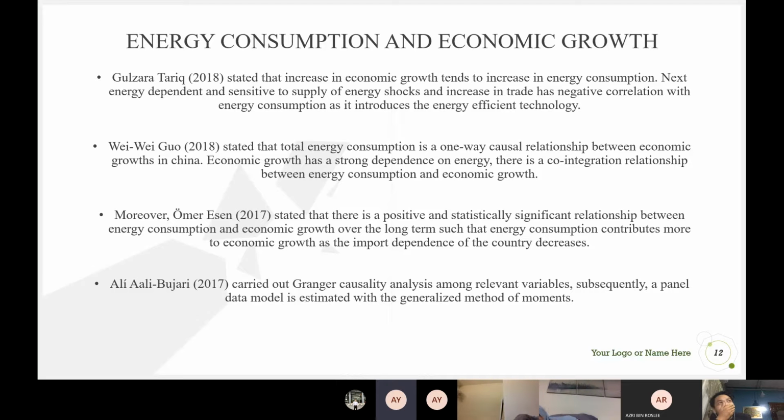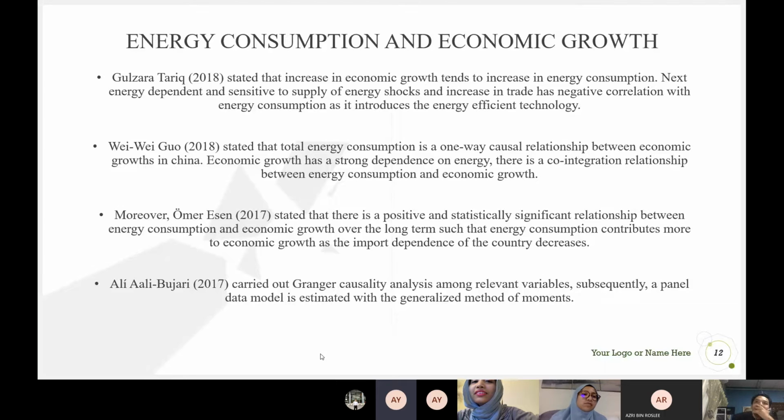So for energy consumption and economic growth, Gulzara Tariq 2018 stated that energy consumption is the total amount of energy or power used, and energy consumption has been growing rapidly globally.